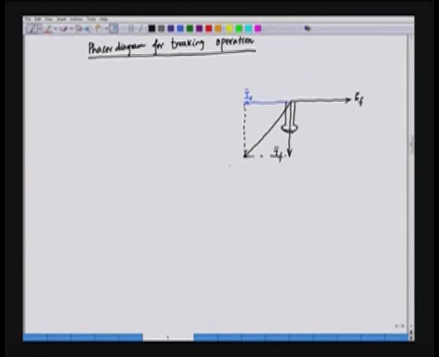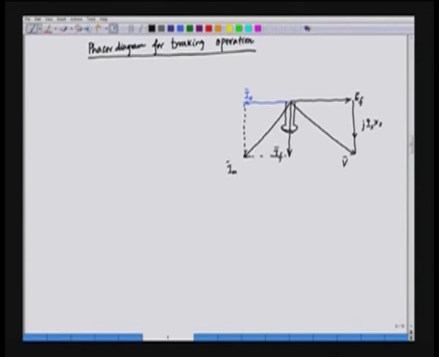This is Im, because IF plus IS is equal to Im, and this is the applied voltage, that is V, and here we have the synchronous reactance drop, in this case j IS XS. So, when we add j IS XS to EF, we get the terminal voltage that is equal to V.